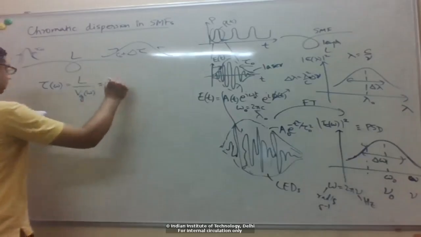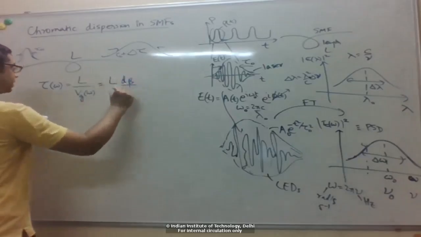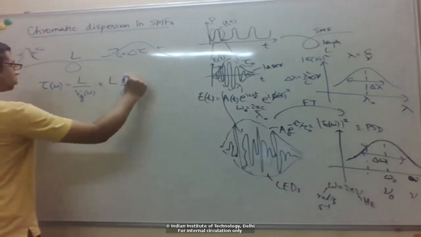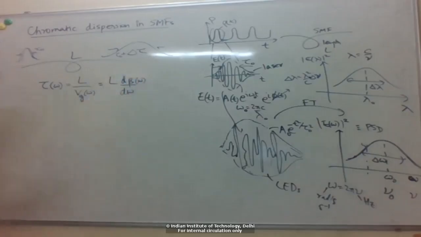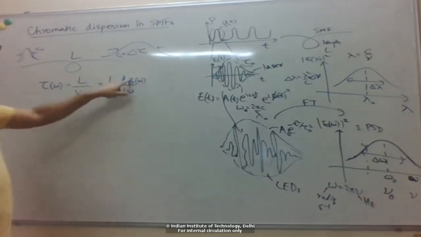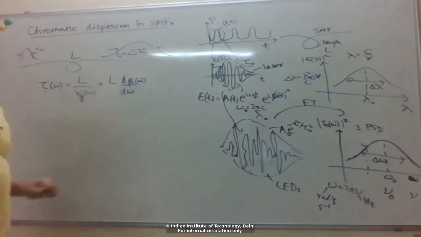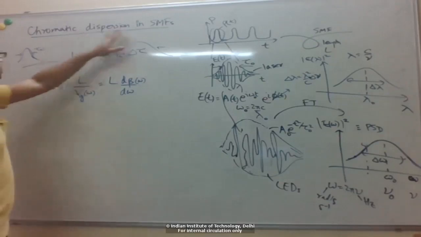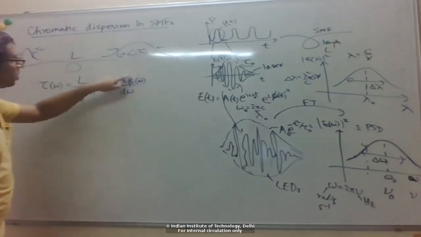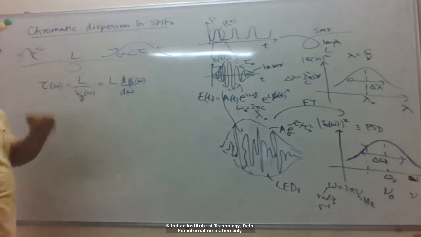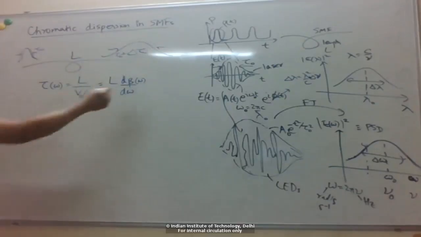Right? And we know that this by definition is the derivative of the propagation constant. So vg is d omega by d beta, so 1 over vg is d beta by d omega. Right. So for example, for SMF, this would be the propagation constant for the LP01 mode at frequency omega, or wavelength lambda.